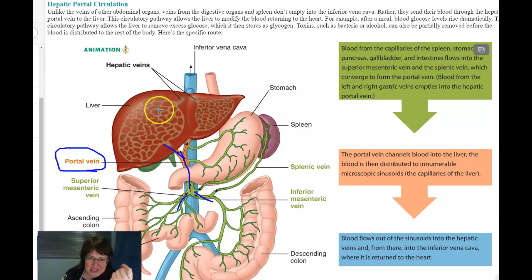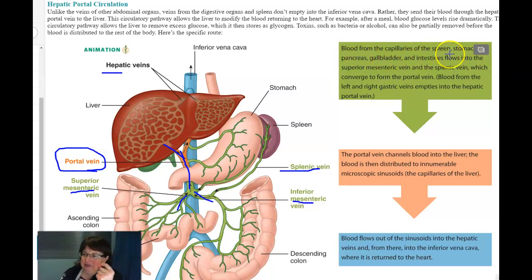And then the hepatic vein collects it off the liver and puts it into the superior or inferior vena cava. Okay? So the mesenteric veins collect from the gut. The splenic vein collects from the spleen. The gastric vein collects from the stomach.